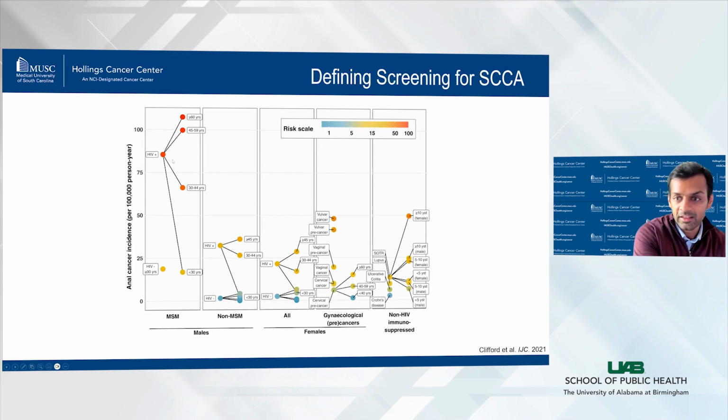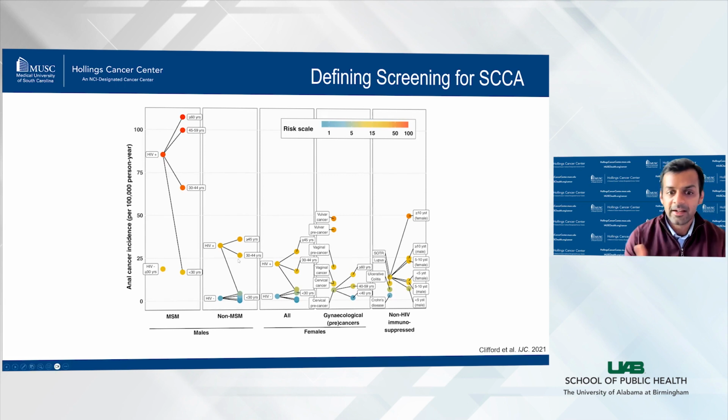With increasing age, anal cancer incidence increases. So MSM with HIV have the highest anal cancer risk. For those who are less than 35 years old, incidence is less than 25 per 100,000. With increasing age, it exceeds, and for those who are 45 years or older, incidence exceeds 100 or greater per 100,000.